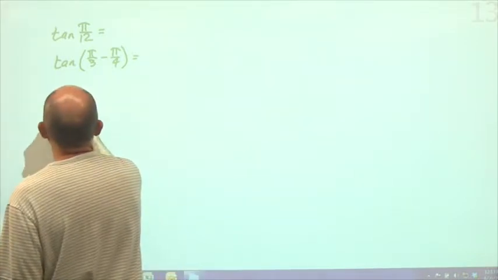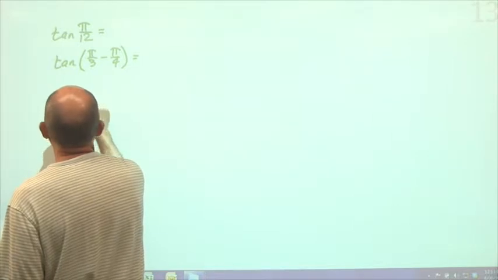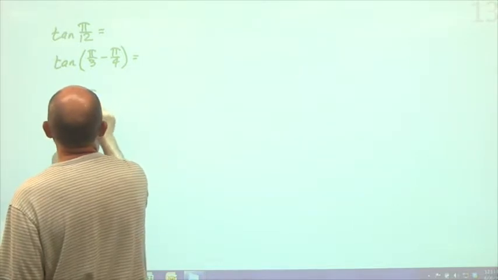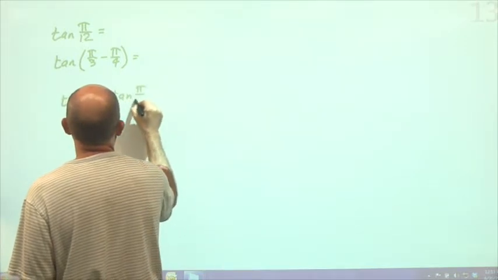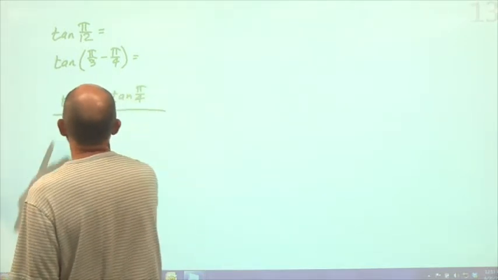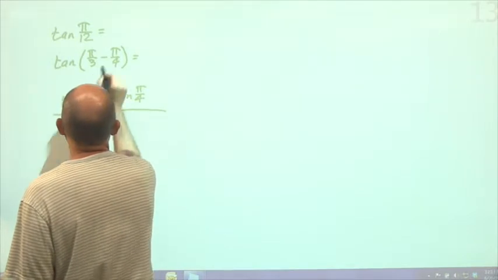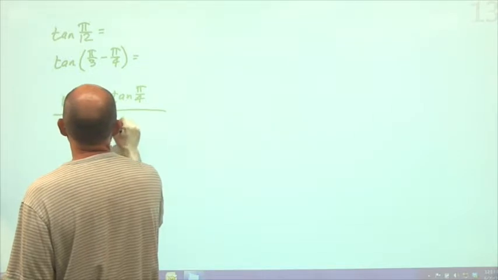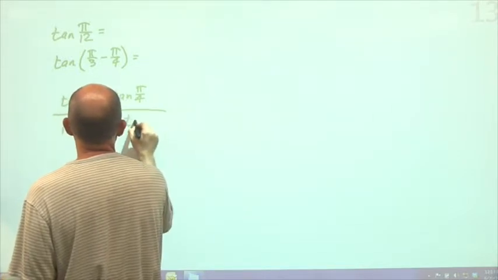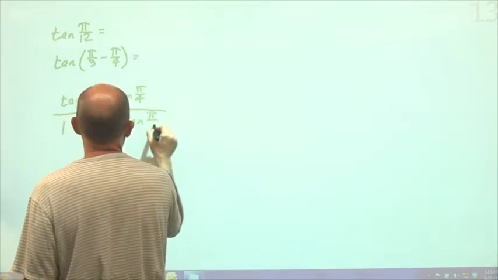It's tangent pi over 3 minus tangent pi over 4, all over 1 opposite sign now, plus tangent pi over 3 tangent pi over 4.